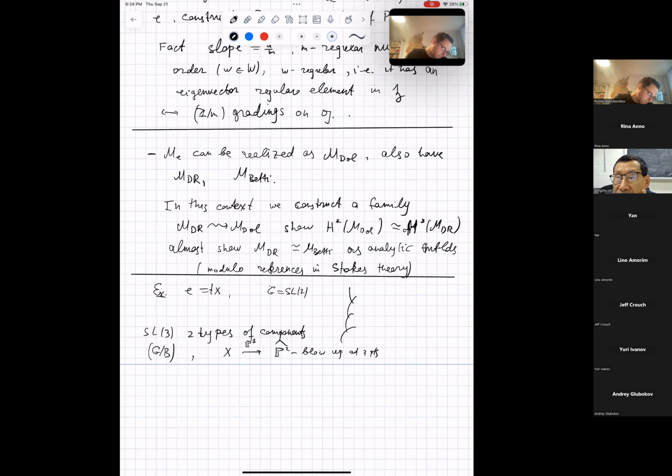But then Betti, it will be something like this. It will be a covering. So we take G_S, a generic semi-simple orbit, and then we intersect it with B plus B minus.